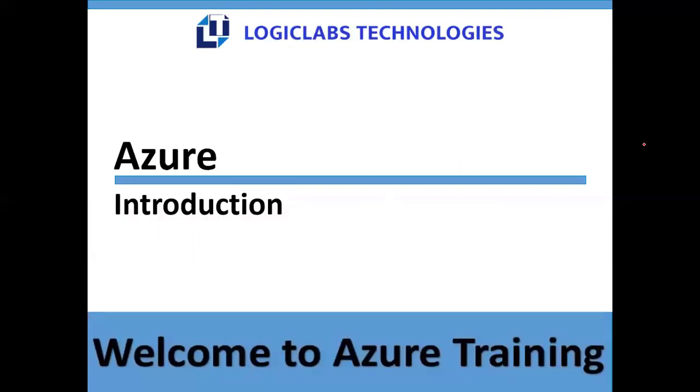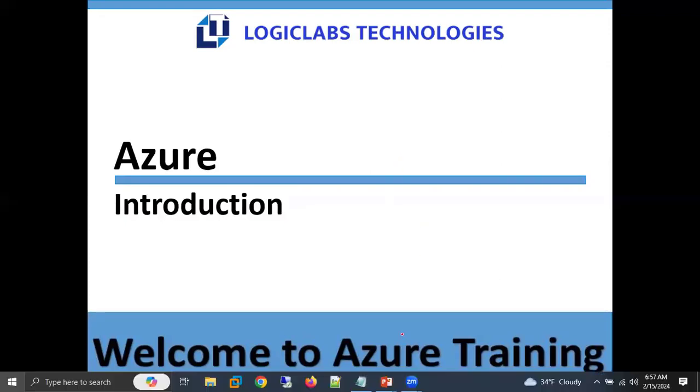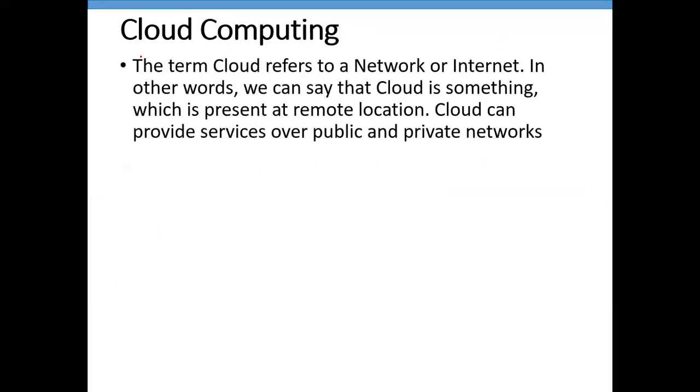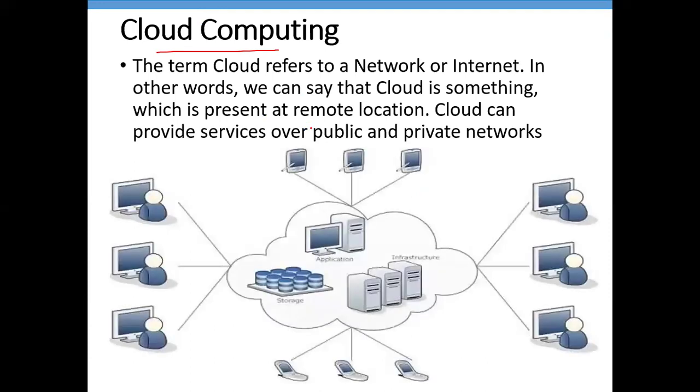Okay, now let's start the discussion about Azure. Whenever the words AWS, Azure, Google Cloud come up, what are these things? These are all cloud computing services. So the first thing that should come to mind is cloud computing, because all of these are cloud computing services.